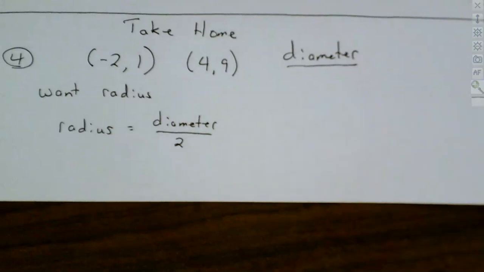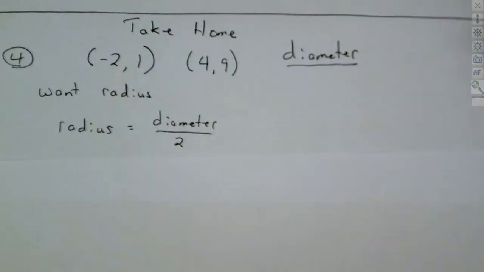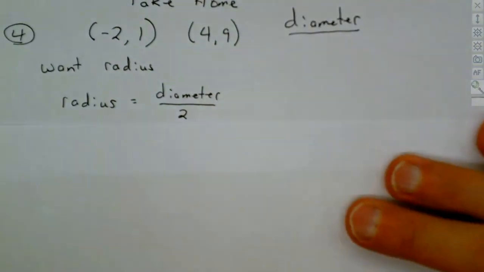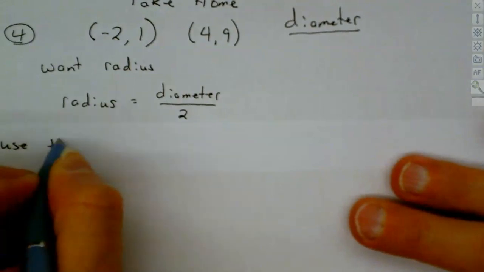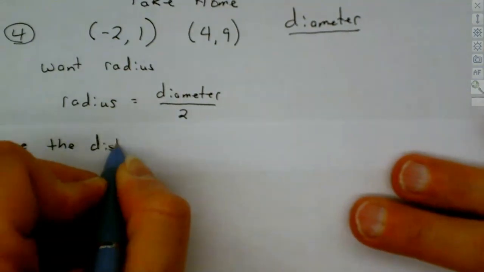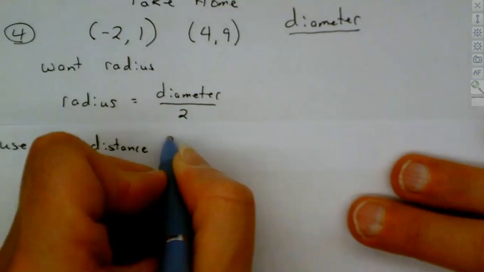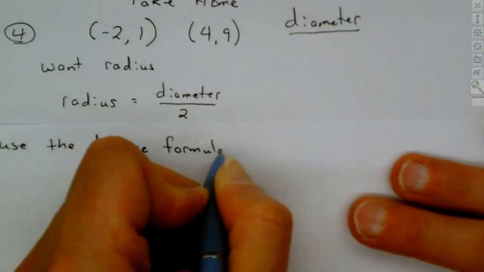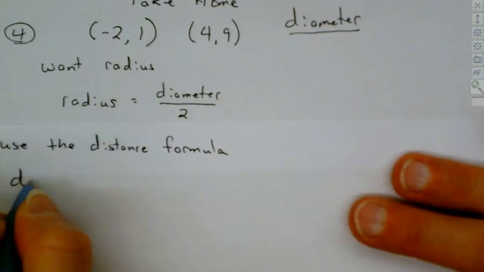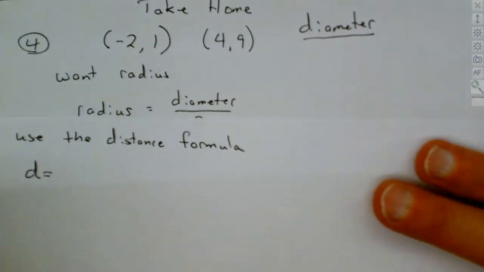Now, how do we find the diameter? Well, we find the diameter by using the distance formula. And what's our distance formula? Okay, the distance formula is this.